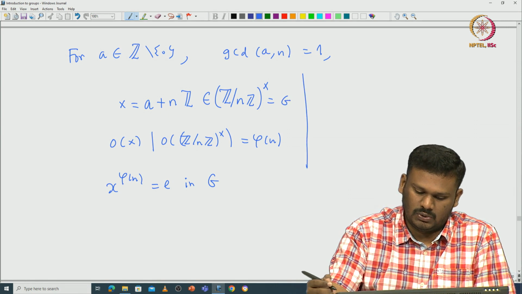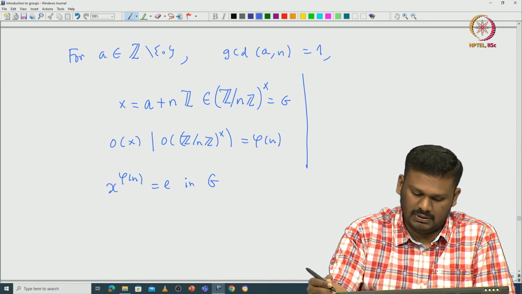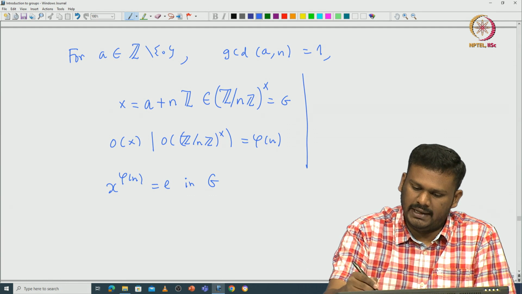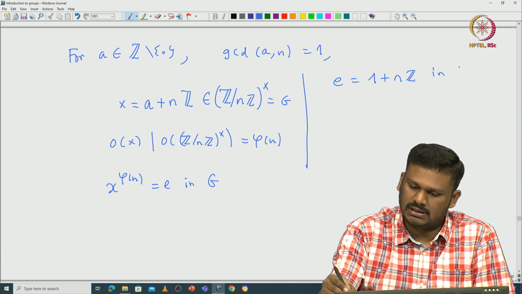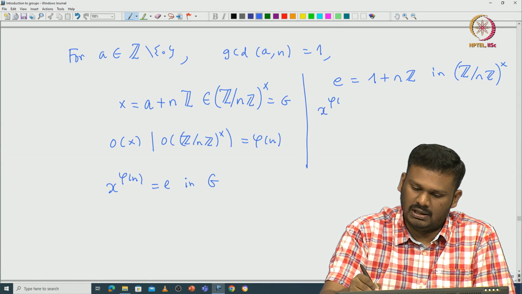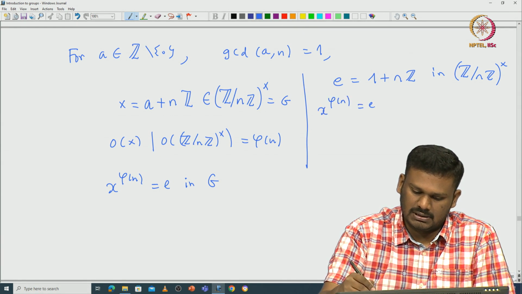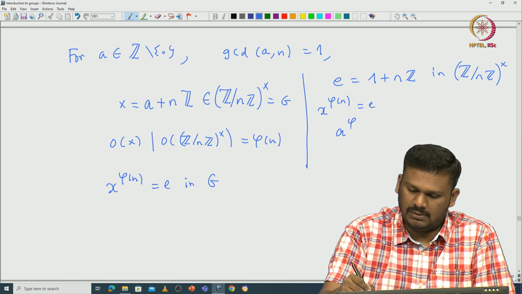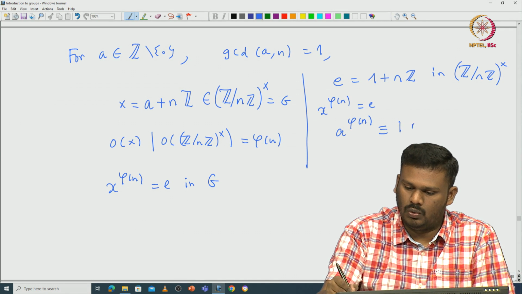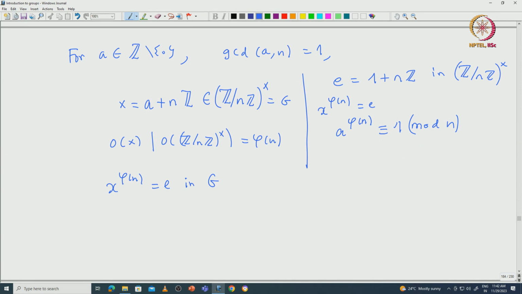The identity is 1 plus NZ inside Z modulo NZ cross. So x power phi of n being the identity means that if you take A and raise it to the power phi of n, it must be congruent to 1 modulo n. So A power phi of n is congruent to 1 modulo n.